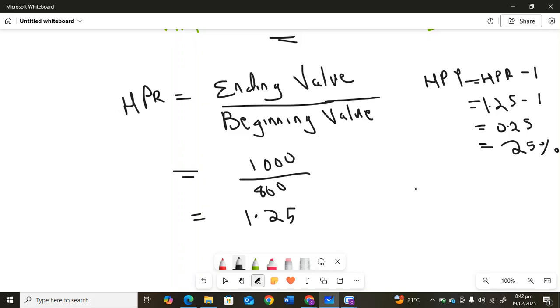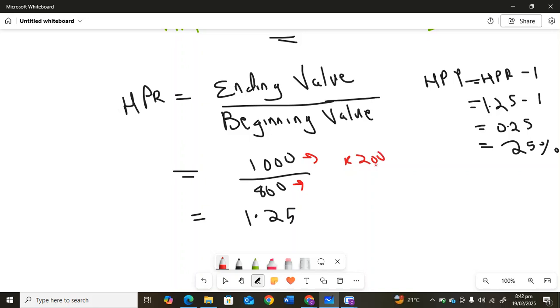Okay. So basically, this is what is being said. Remember, your investment was initially 800. After 2 years, it becomes 1,000. 1,000 minus 800, you've made 200 kwacha.